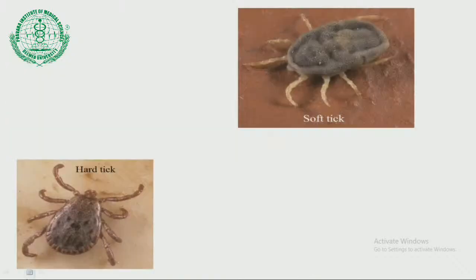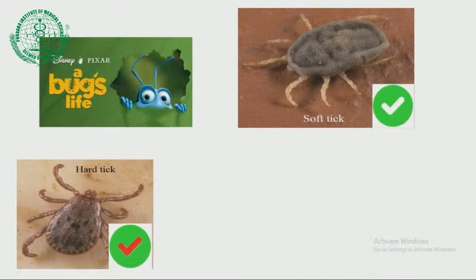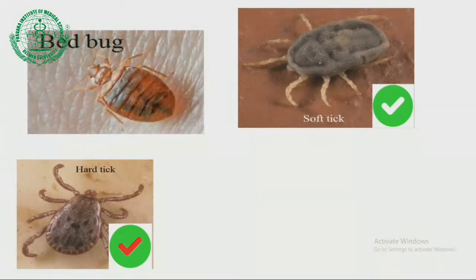Now next group are the ticks, the soft tick and hard tick. The difference is in the exoskeleton. The exoskeleton is hard in relation to hard tick, and it is comparatively softer in relation to the soft tick. Now this is a wrong picture. Actual bug is this one. Bed bug, which is responsible for transmission of a particular disease.